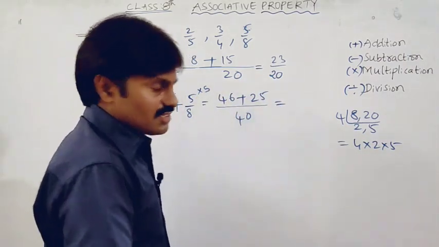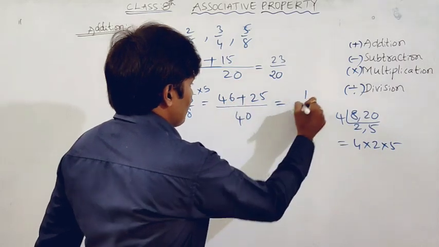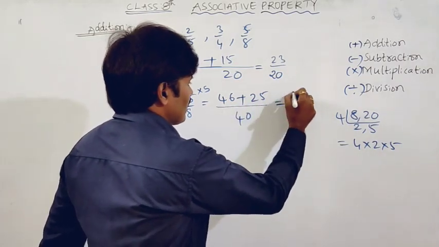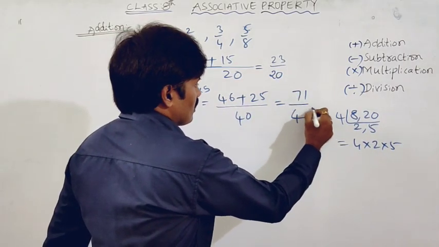The sum of the numerators is 46 plus 25, which is 71/40.